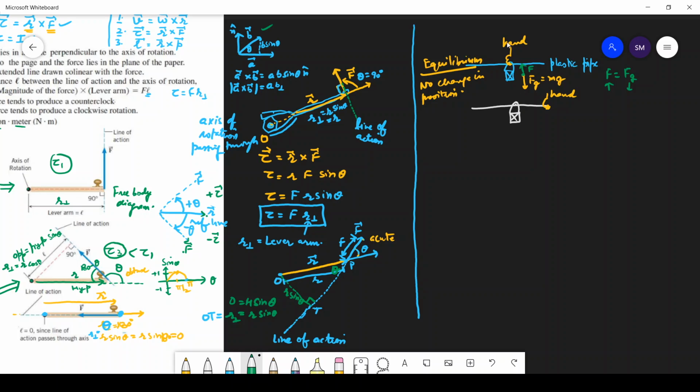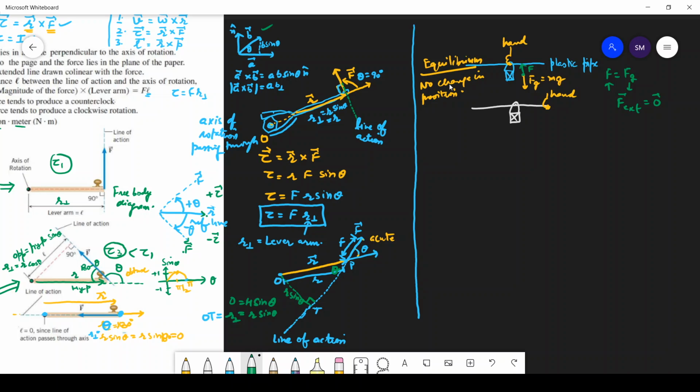So if your hand was pulling the bag, the bag was pulling your hand. Okay, you can say it, so Newton's third law. Okay, and you can say these forces are equal because acceleration is 0. So net force applied on this bag is 0. F external is 0. So that is your Newton's second law.